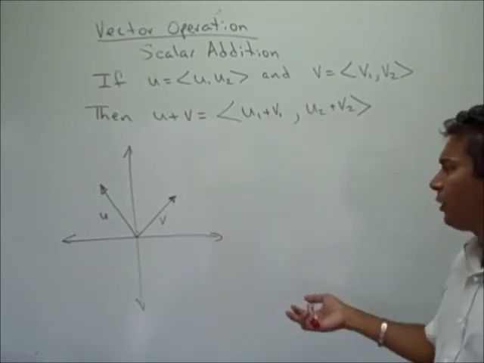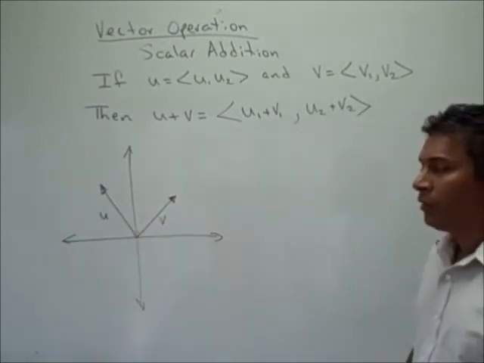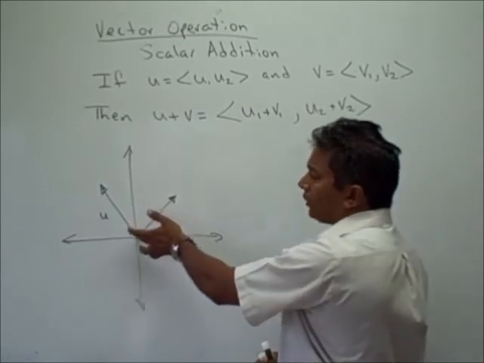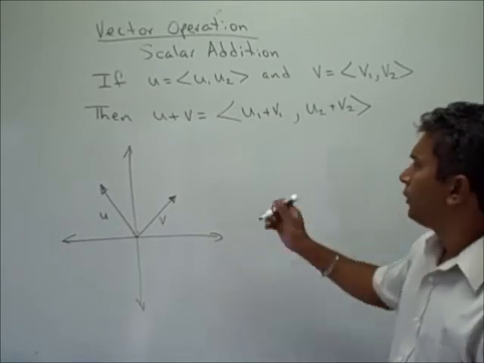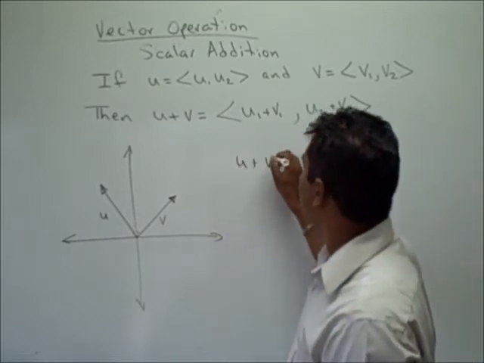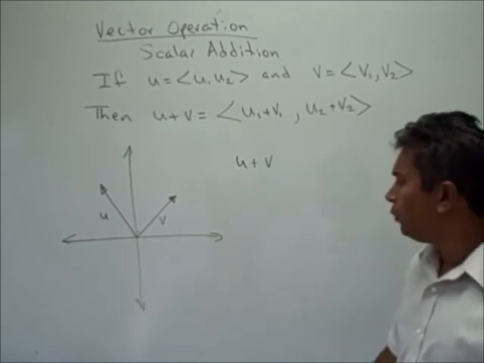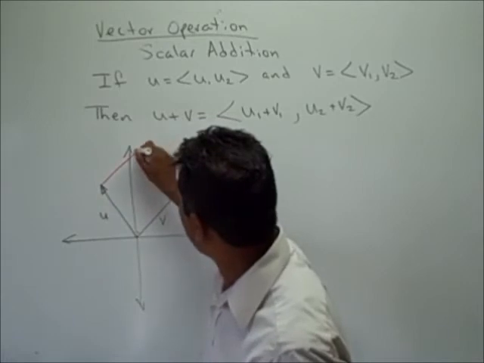If we look at this graphically, here we have u and v, our two vectors. To add vectors graphically, we add the initial side of one vector to the terminal side of the next vector. So if we're adding u plus v, it means we're adding the v to u, so we would move our vector v in the same magnitude and direction.